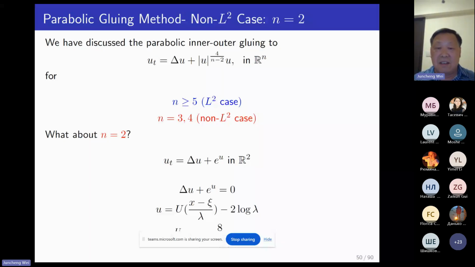So for this type of problem, it is more difficult than dimension 3 and 4. In dimension 4, you have 1 over y square. Dimension 3 is like 1 over y, but in dimension 2, it's purely bounded. Your kernel is only bounded. So how do we deal with this case?